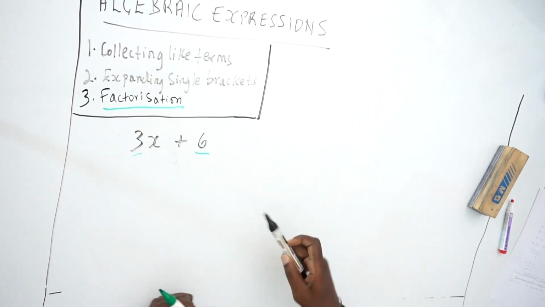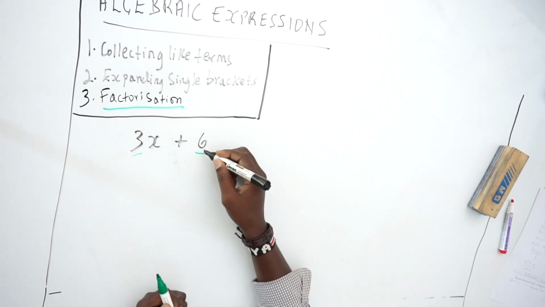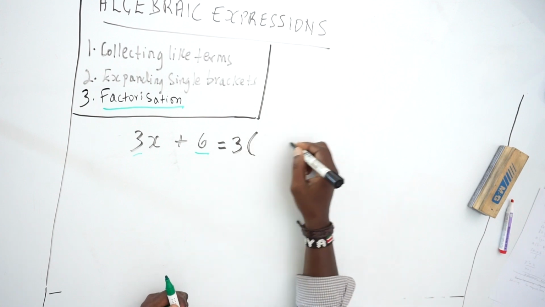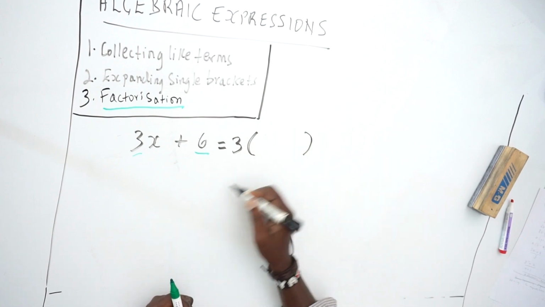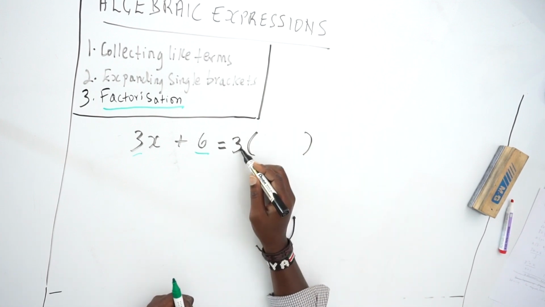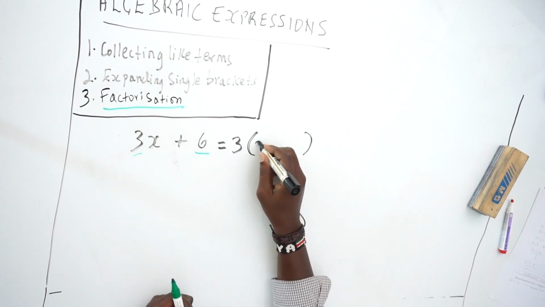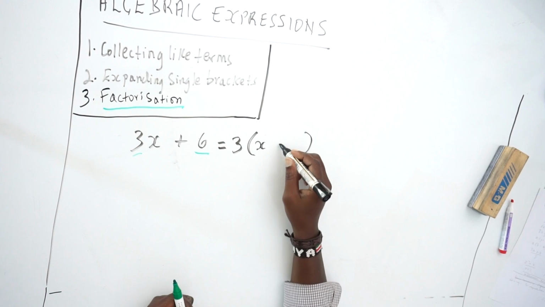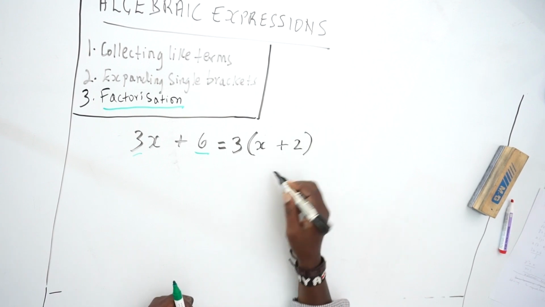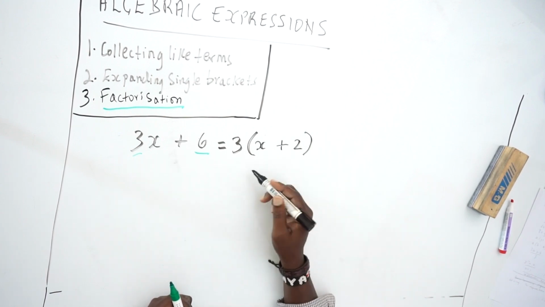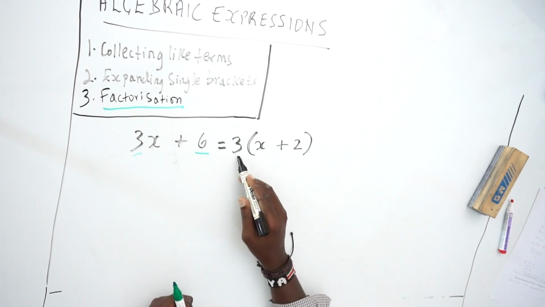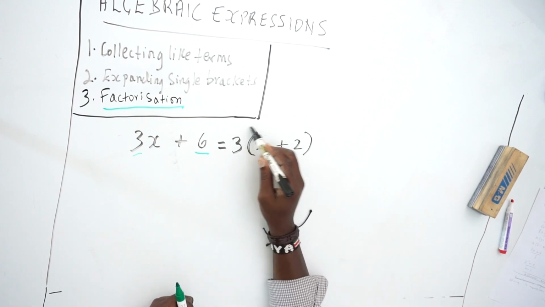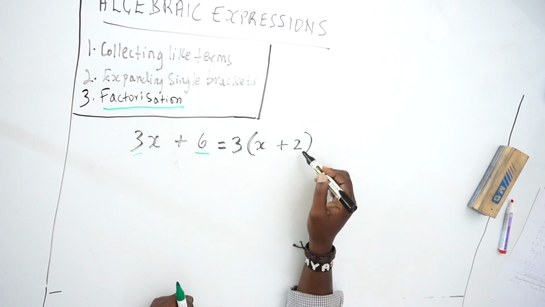In this case, 3 can go into 3x and also into 6. So if we write 3 out and then use brackets, we ask ourselves, what do I multiply by 3 to get 3x? x. What do I multiply 3 with to get 6? Positive 2. So 3x plus 6 can be factorized into 3 times x plus 2. Please note, if you open this bracket, you get 3x plus 6.